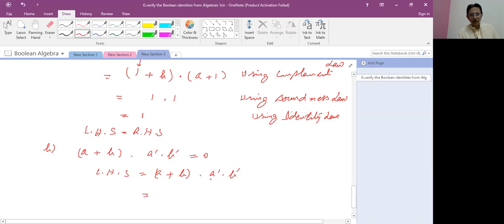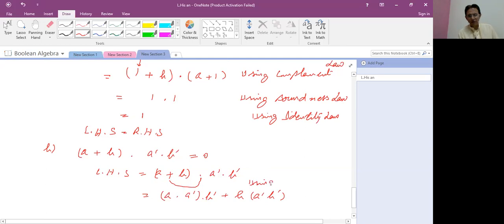So according to distributive law, when we consider the statement, both are multiplying together with A. So it means if you write here A dot A complement into B complement, dot converts into addition, and B into A complement into B complement, using distributive law.